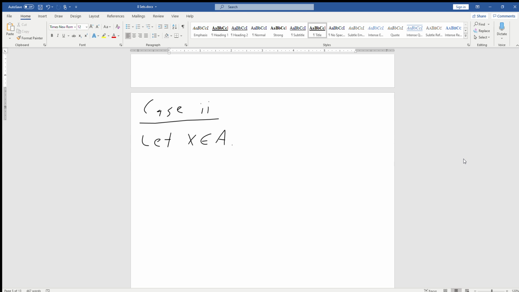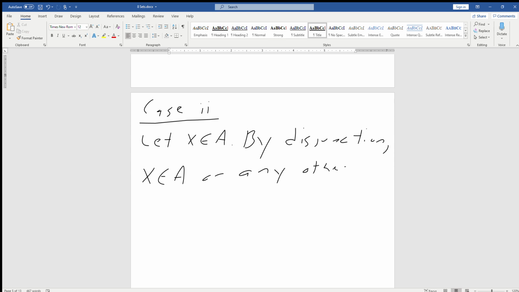We just have A. However, what we can do is we can say that by disjunction, X is an element of A or any other set. Now that only works for or. That does not work for and.